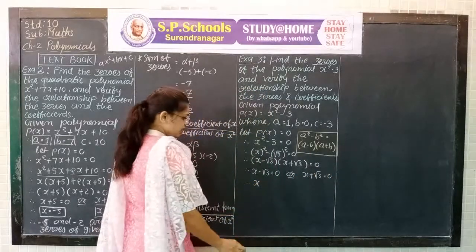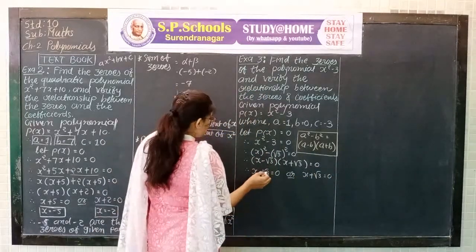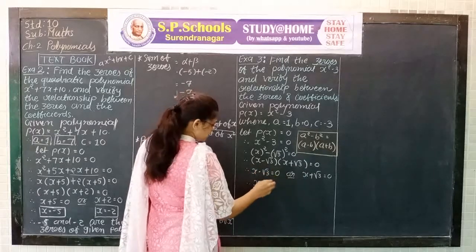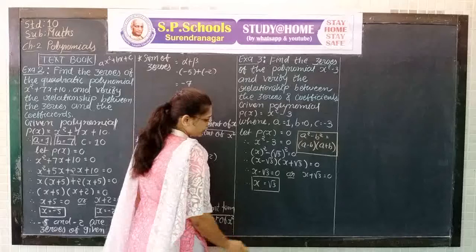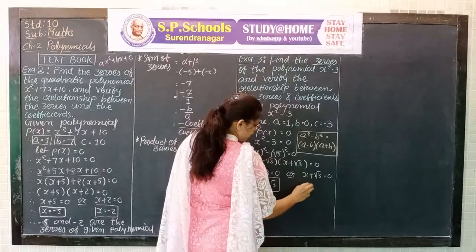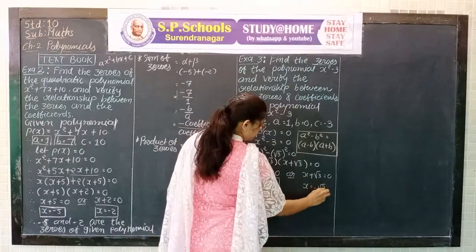By making x the subject, we shift minus root 3 from the left hand side to the right hand side, it becomes plus root 3. From the next one, x is equal to minus root 3.